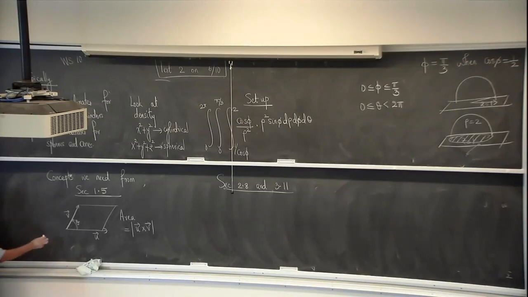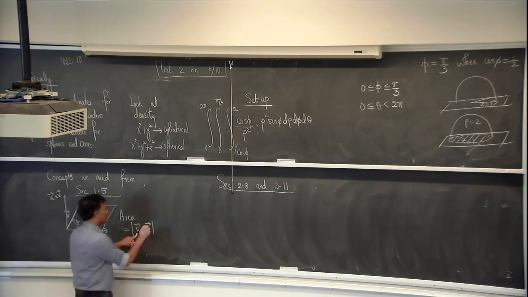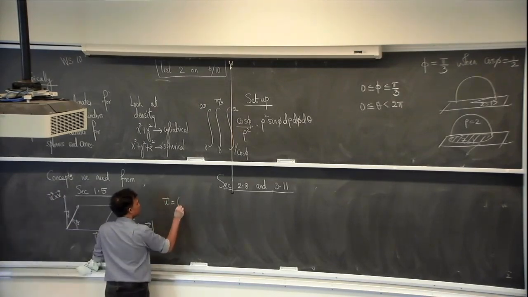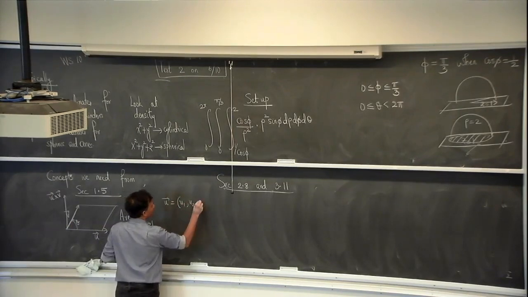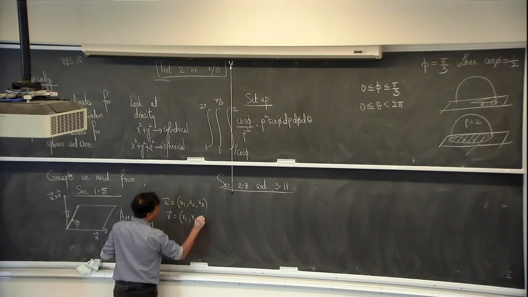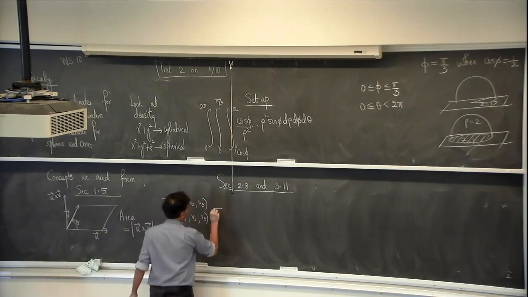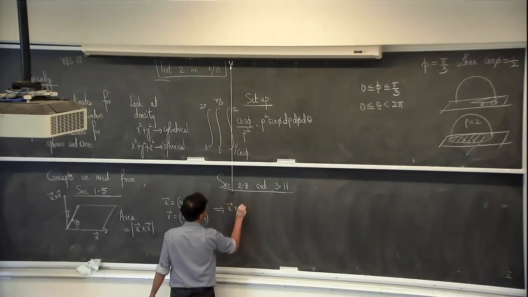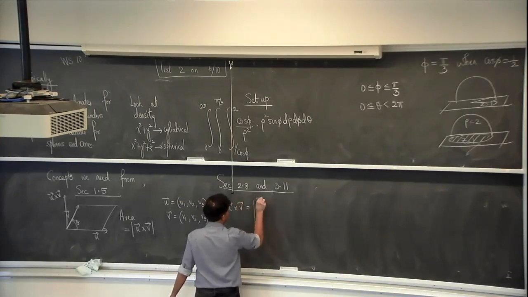So u cross v is a vector that is perpendicular to this plane. And the magnitude gives you the area of the parallelogram which is spanned by those two vectors. Do you remember this? Or kind of. And to calculate this, if you have u equal to u1, u2, u3, and v equal to v1, v2, v3, u cross v used to be this 3 by 3 determinant.